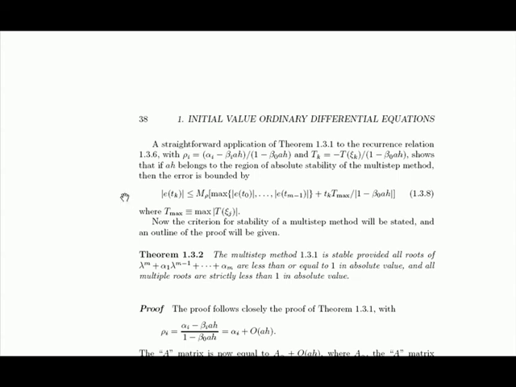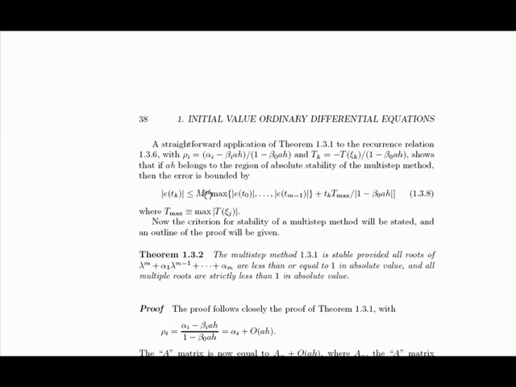Here's another error bound that was derived in section 1.3 that does not have the exponential term in it. Notice this says the error is less than a constant, no exponential, no a there, times the same thing as the other error bound, the truncation error and the maximum of the errors due to the starting methods.